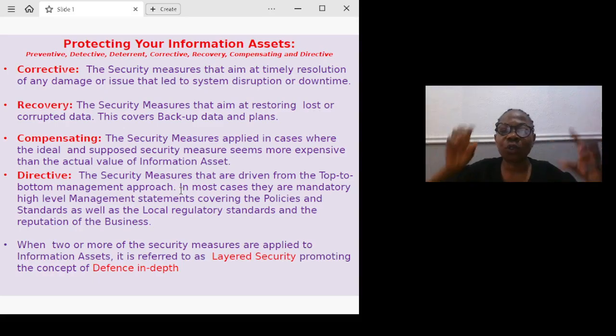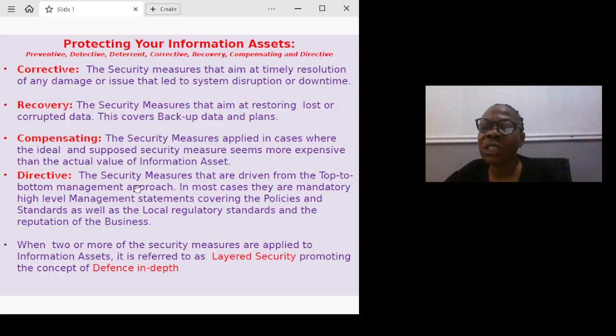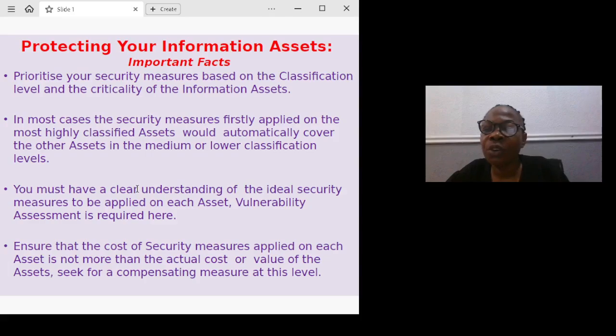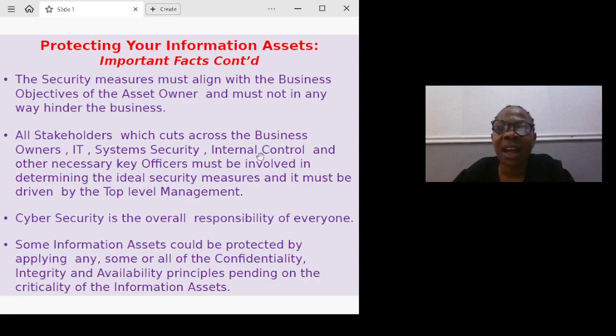Those are the ones you configure on your system and apply in your employment manual and your policies as baseline. They are mandatory, because they are coming from high level management concepts.